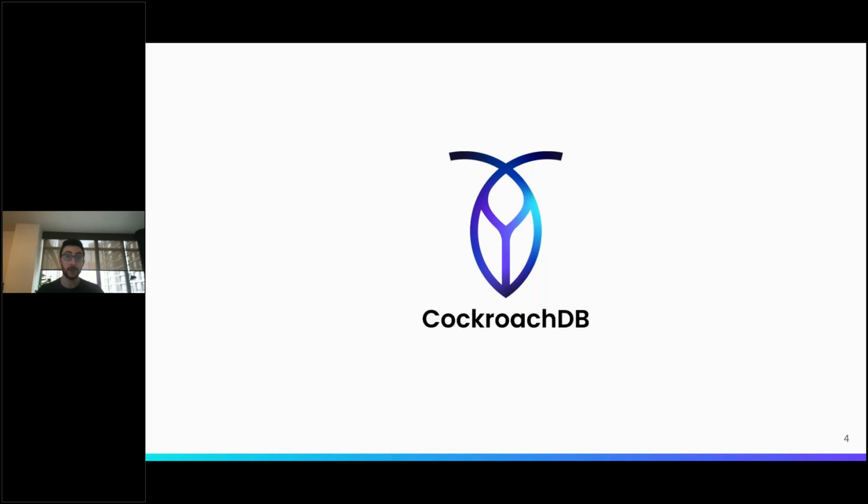Cockroach is typically deployed on commodity hardware by enterprises or other application developers, or by Cockroach Labs, the company itself, in a managed service. But it can't rely on having the atomic and GPS clocks that Spanner does. And so this actually shaped some of the architecture of Cockroach, and it's one of the core reasons for some of the architectural differences between CockroachDB and Spanner. And so we'll start to see that as we go through these next few slides.